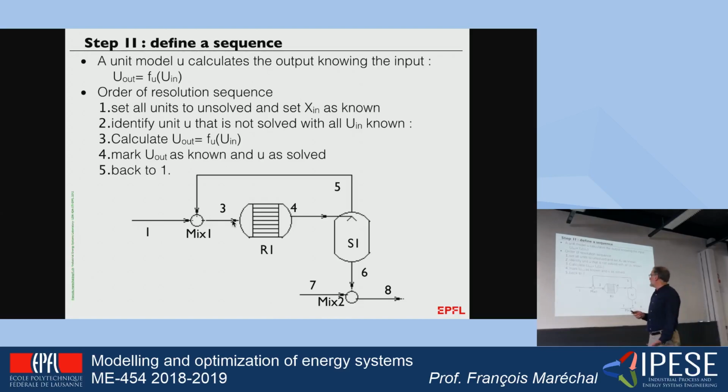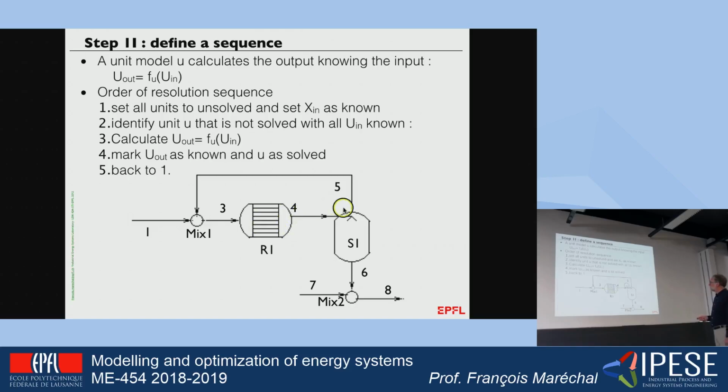What we realize here is that we can, for example, start here. I know this unit here. And if I knew the 5 here, then I would be able to calculate the 3 by solving MX1. Knowing the 3, I would be able to calculate 4 by using R1.